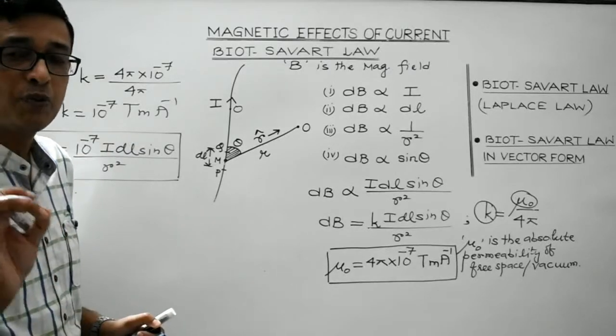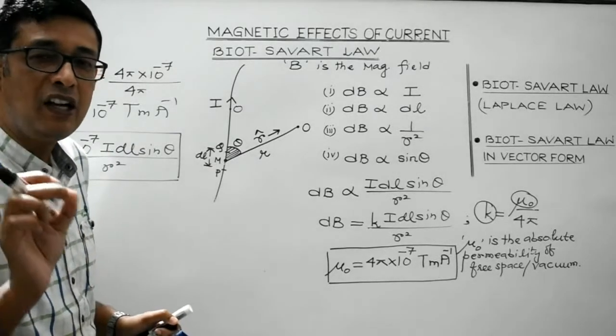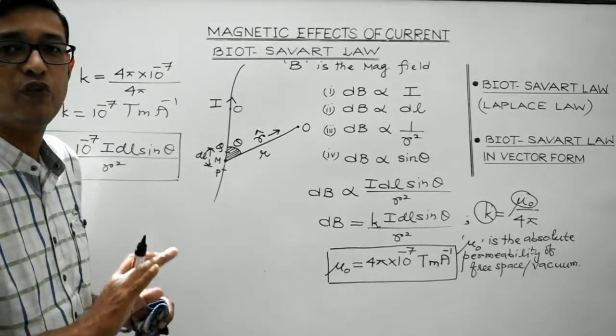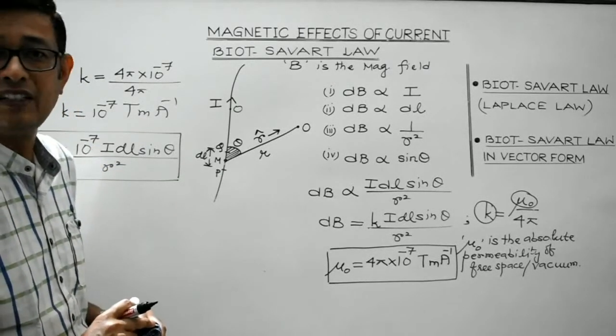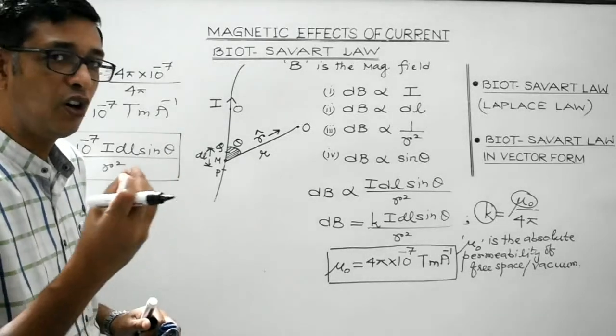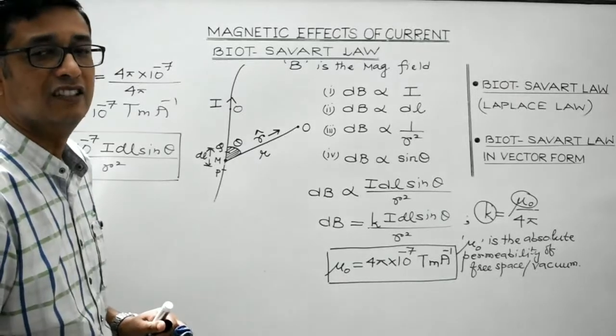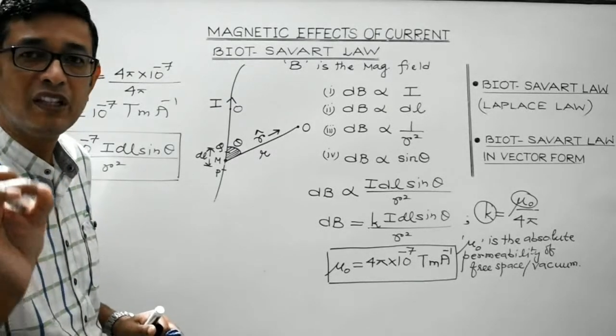So students, the point to be noted is that the magnetic field at a point on the axis of a current carrying conductor is always 0. Right? Whether it is a thick wire or a thin current carrying conductor, at any point on the axis of the conductor, the magnetic field will always be 0.